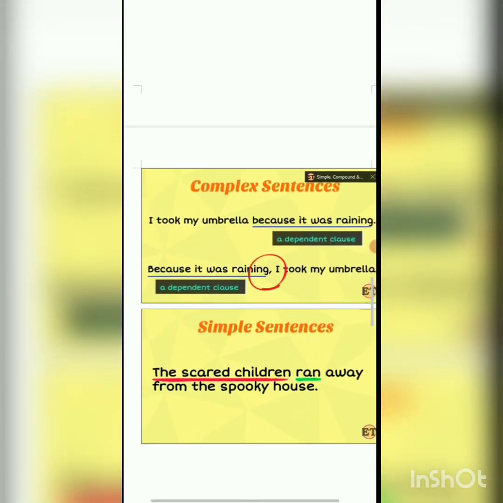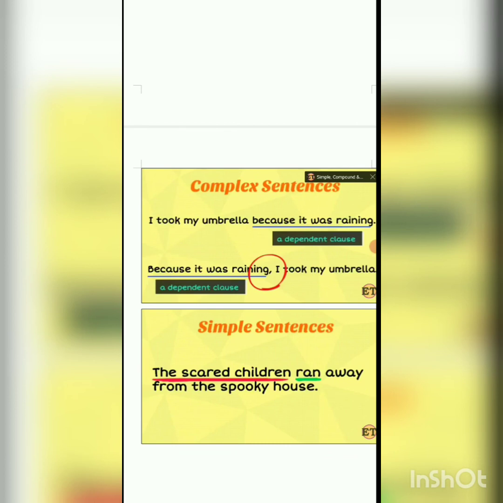Children, now if you see this slide, I took my umbrella because it was raining. So here, I took my umbrella is an independent clause, and because it was raining is a dependent clause. Okay, so the combination of an independent clause and a dependent clause is a complex sentence. So a dependent clause always depends on an independent clause.